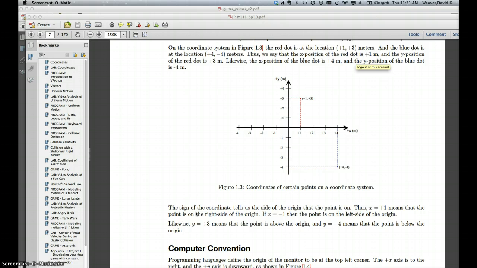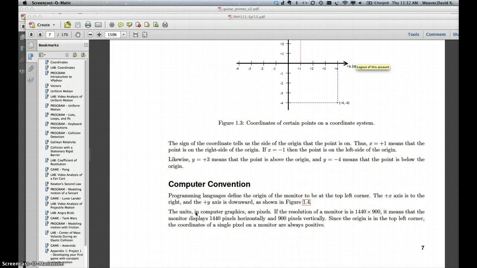Then you need to be able to talk about what any given point would be in terms of coordinates. Typically my convention is not to label positive numbers, but to label negative numbers. Aaron is in the habit, it looks like here, of labeling both positive and negative.